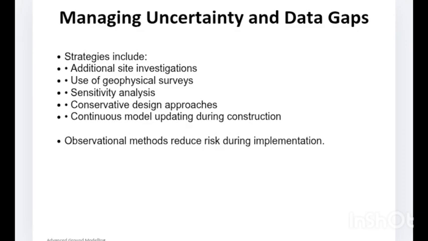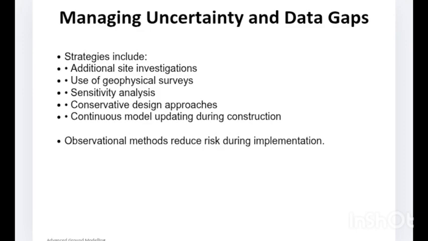Then we have conservative design. Engineers may adopt safer assumptions where uncertainty is high. Sometimes you want to be as conservative as possible, because the risk of being wrong can cost you a lot.